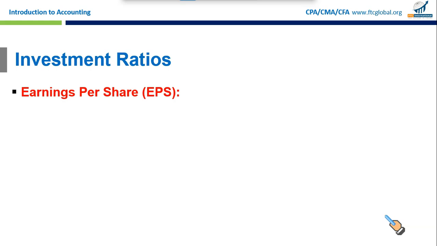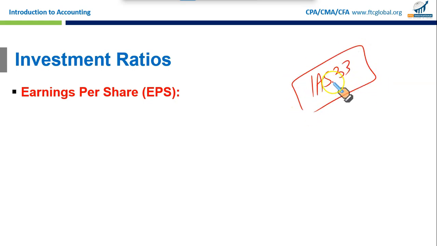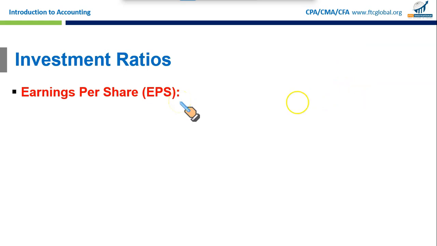This is a very important ratio. Probably the only ratio which has been covered by an accounting standard, IAS 33, earnings per share. But you're going to study the basic version of EPS. Otherwise, the standard that we follow to calculate EPS is quite complex. Let's say a company earns $150,000 over the year.